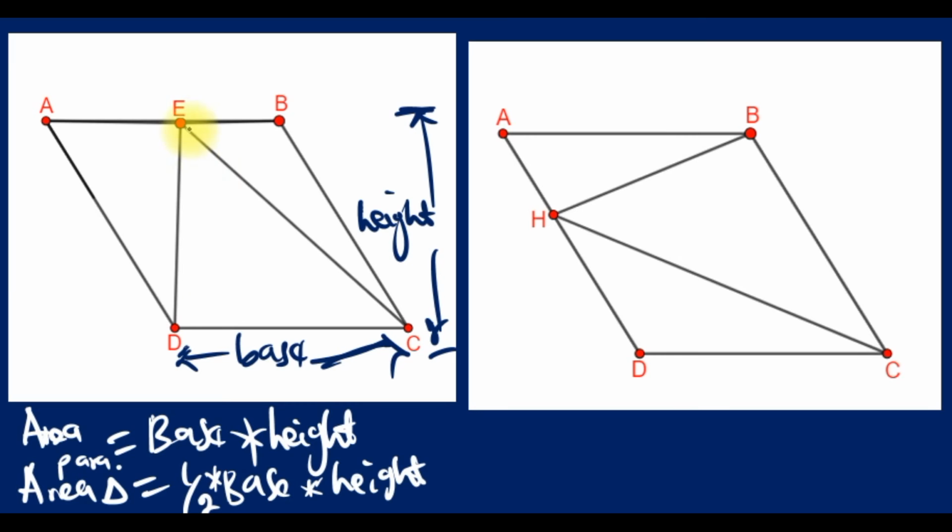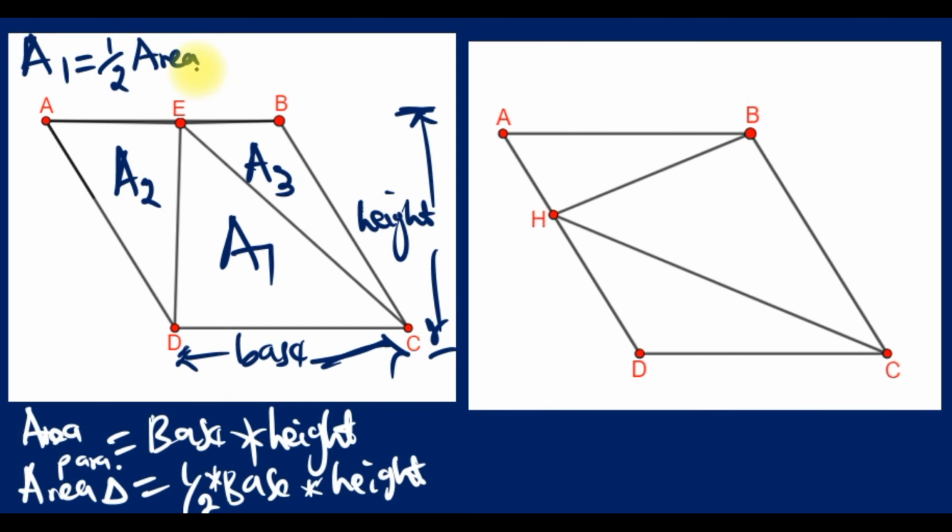So we are now saying that if we call area of triangle EDC A1, the remaining areas A2 and A3, you can see that A1 is half of the area of the parallelogram, that's ABCD.